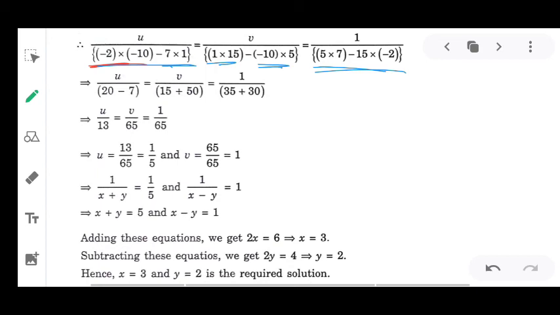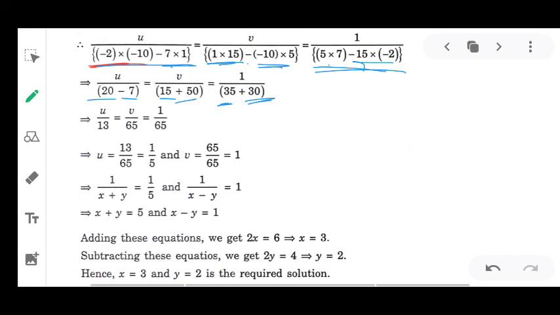So u by -2 into -10, that is 20 minus 7, and v by 1 into 15 and -10 into 5 is -50, but minus of minus into minus will be plus, so plus 50. Then 1 by 5 into 7 is 35, and -15 into -2 is plus 30.